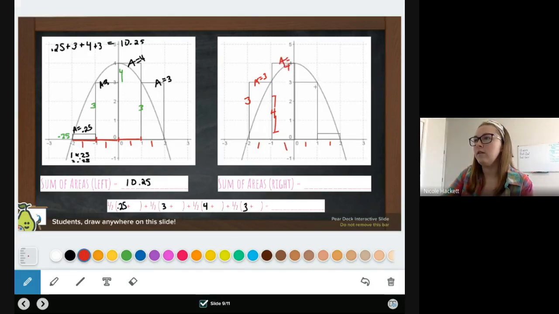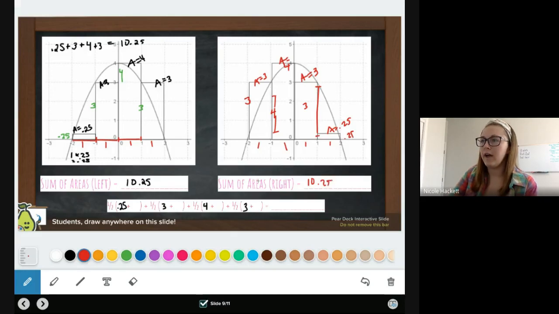The height of this one is 3. So the area is 3 times 1, which is 3. And this one is about 0.25 for the height. So my area is 0.25. And it's the exact same thing as over here. So if I add all of these together, I get the same number.